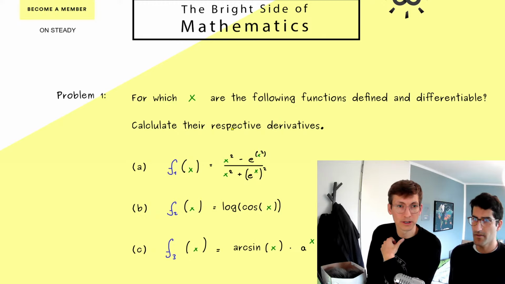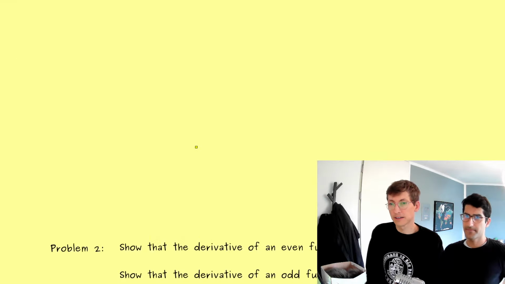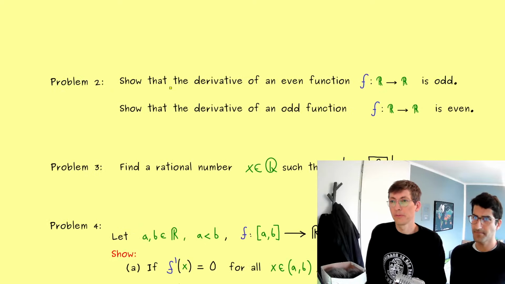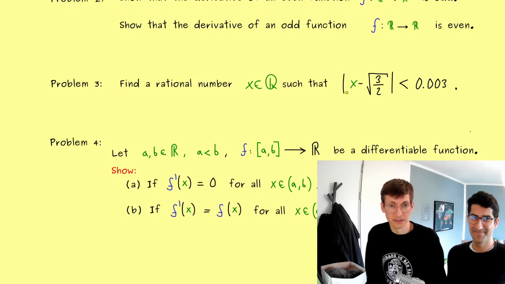Maybe I should scroll through that we see the exercises? So this is problem 1, which is more calculating derivatives. Then I have problem 2 here, which is about even and odd functions. And problem 3 is indeed application of Taylor's theorem. So if you know the video about that, it's exactly similar. We do an approximation with rational numbers for an irrational number. And the approximation should be very good.